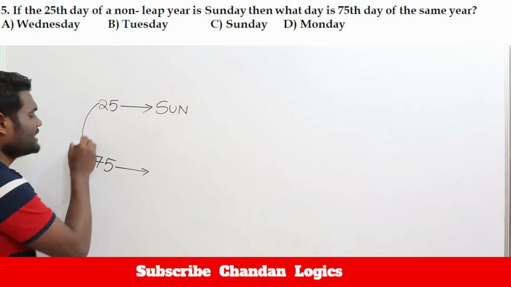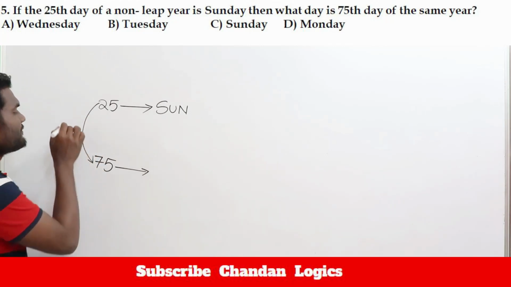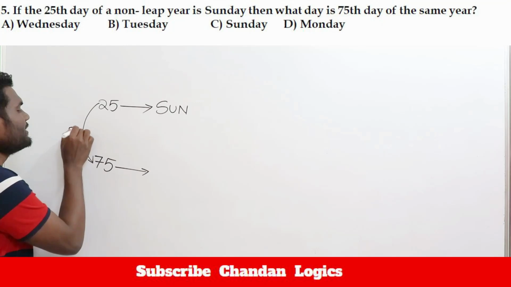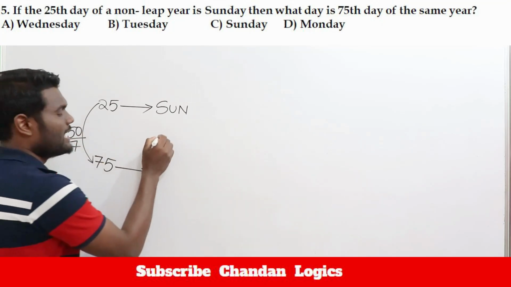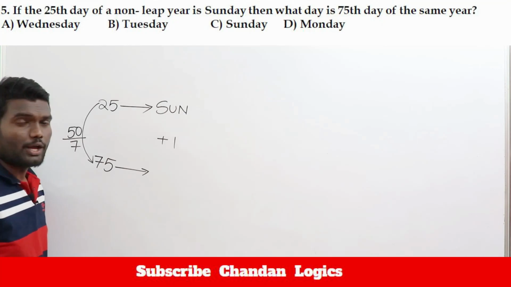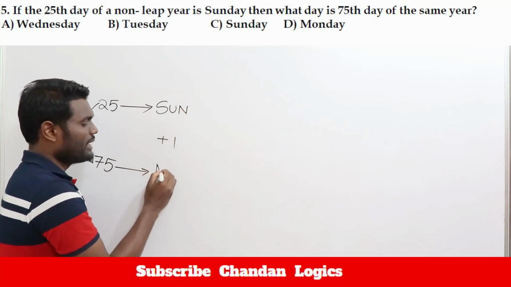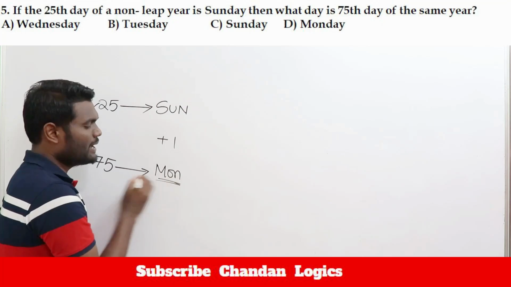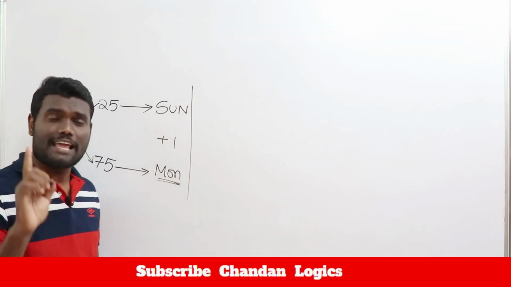Simple. Just take the difference. 25 and 75, the difference is 50. In 50 days, how many odd days are there? In 50 days, we have one odd day, which means you need to move one day forward. Sunday plus 1, we can say that the answer is going to be Monday. Okay, as simple as that. Is that clear with everyone?